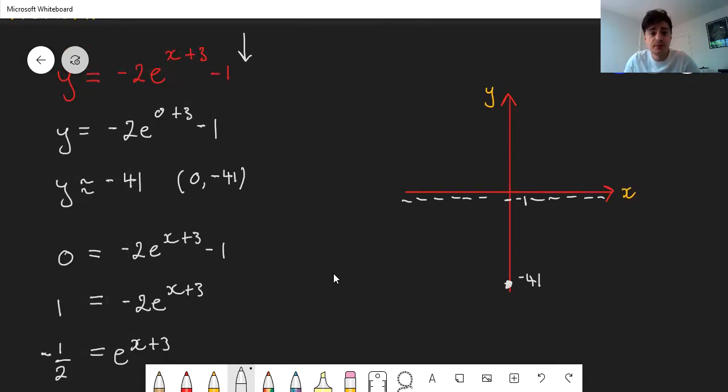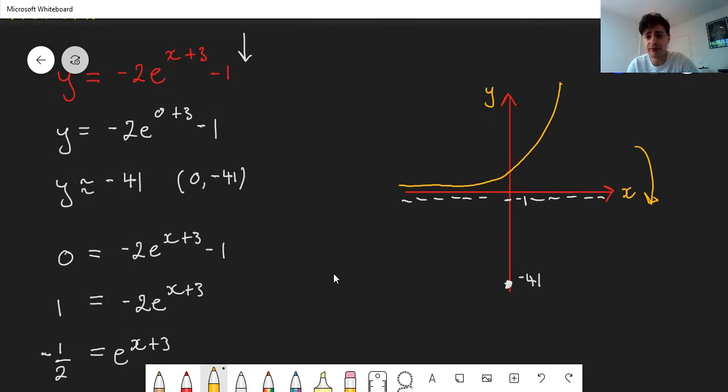This is a reflection. If we start with a basic exponential function, and I'll just sketch your standard one here, it would look something like that. This negative in front of the whole function tells us that it is flipped across the x-axis.